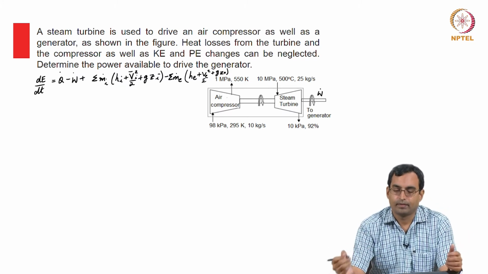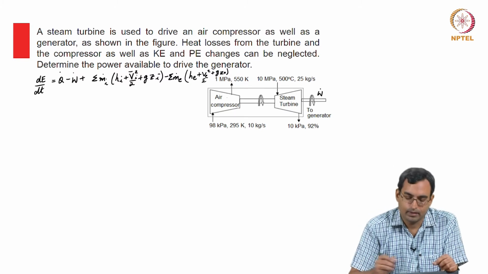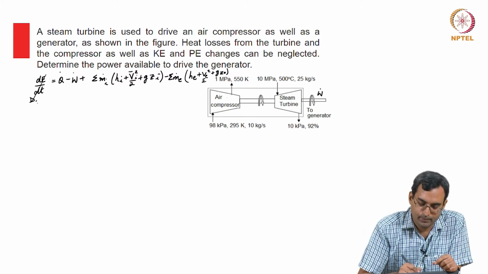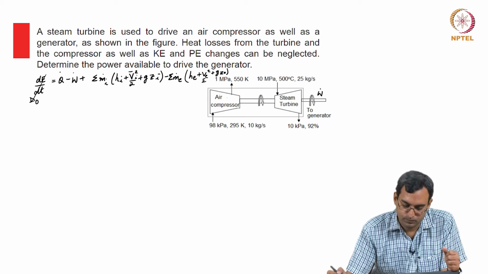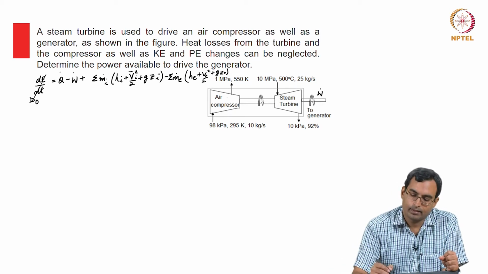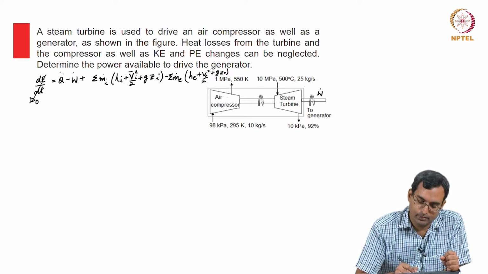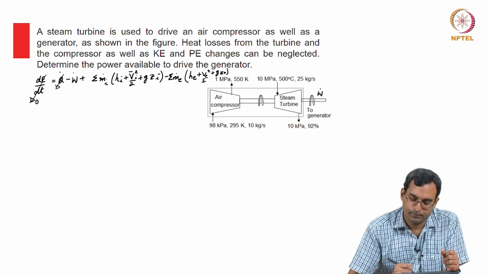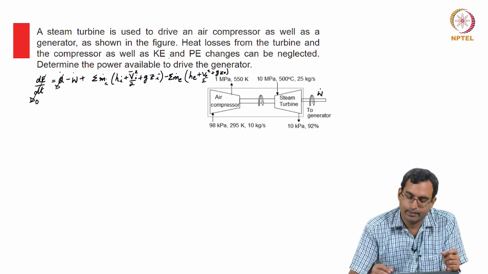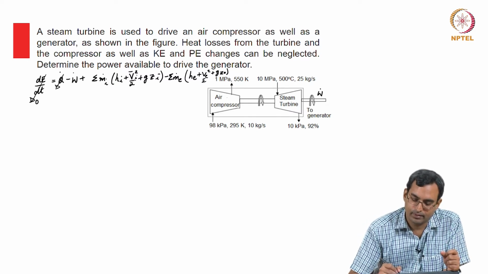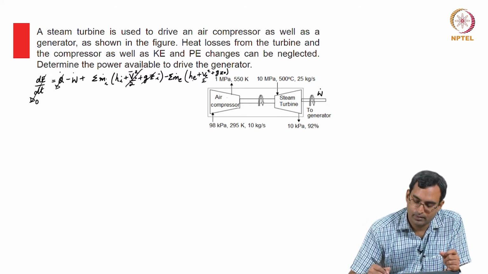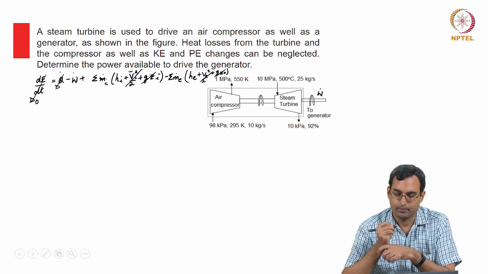I will assume that this device operates under steady state, which is usually the case with most of these kind of things. So, this is 0. What is said is that we can neglect heat losses from the turbine and the compressor. So, therefore, this is 0. It says we can also neglect kinetic and potential energy changes. Therefore, all of these together become 0.